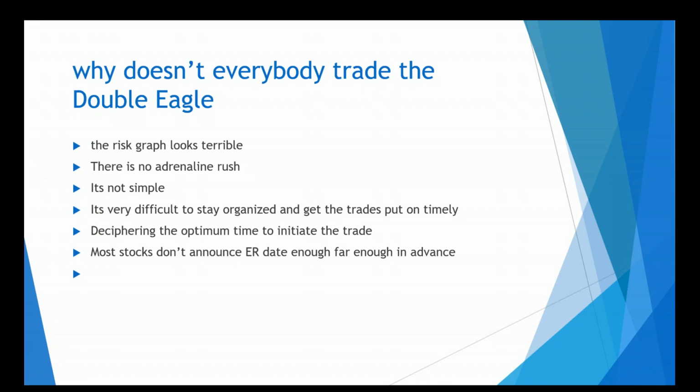So many people have deduced that IV and theta as well as delta benefits, but when they model the trade up in anybody's Analyze software, they get a risk graph that just looks like it's impossible to make money. So that's probably one of the biggest reasons. I mean, it's not that I'm smarter than any other trader.